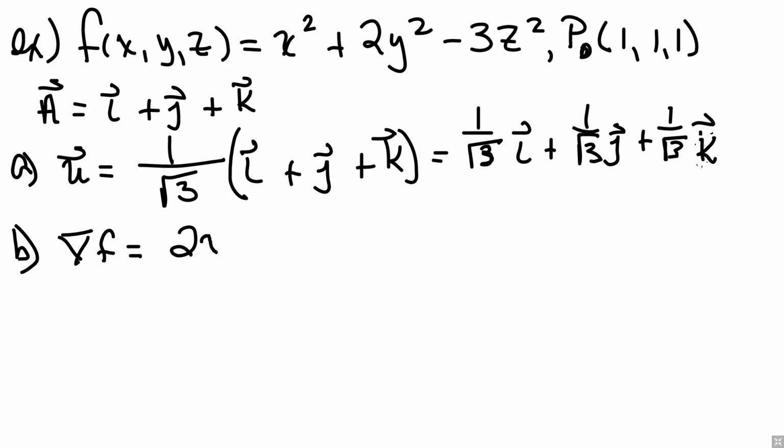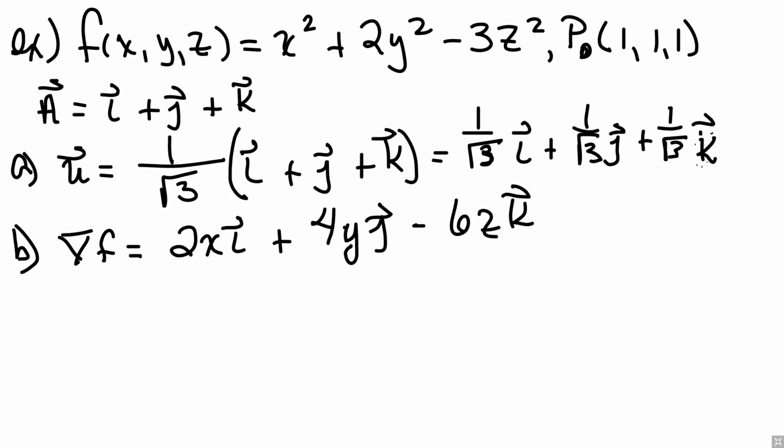Okay, so we're going to have 2x in the i direction, plus, then we're going to do the partial of f with respect to y. We're going to get what? We're going to get 4y in the j direction. Then we're going to have minus, and then what is going to be the partial of f with respect to z? Yes, it's going to be 6z in the k direction.